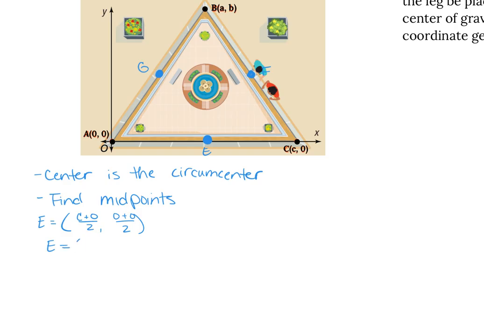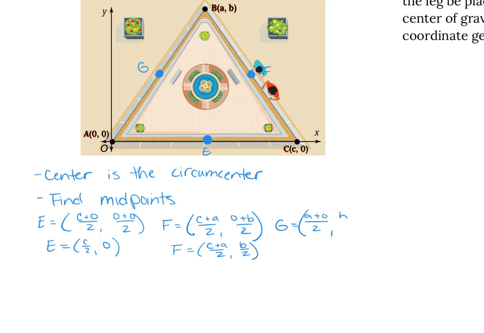So my midpoint for E is C over 2 and 0. My midpoint for F would be C plus A over 2 and then B over 2. So G is A over 2 and B over 2.